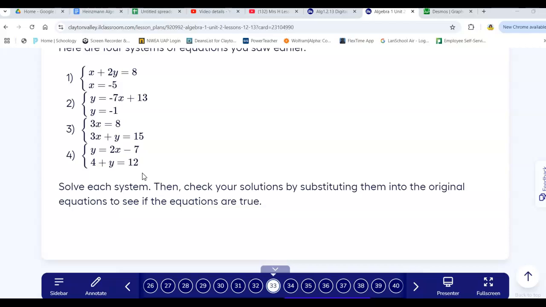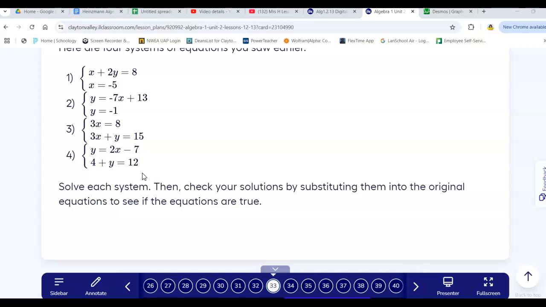They're giving you, once again, the same information. They're not constantly throwing new things at you. If you look, these are the exact same systems that you just did in the warm-up.